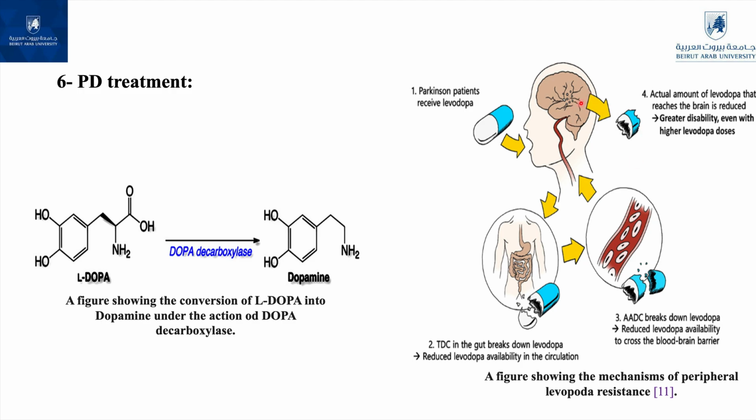But this drug can cross the blood-brain barrier to reach the dopaminergic neurons, but still the quantity reaching these dopaminergic neurons is small.